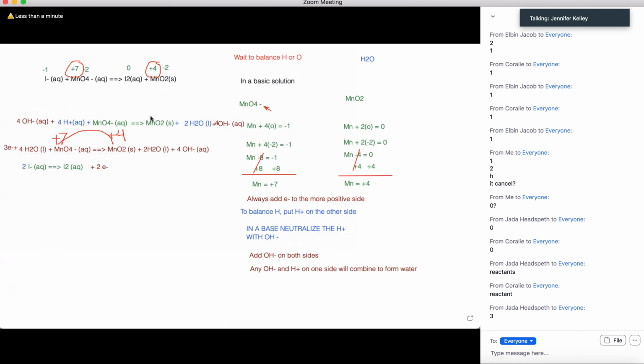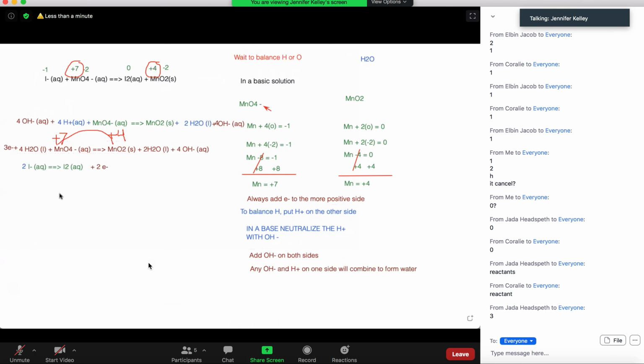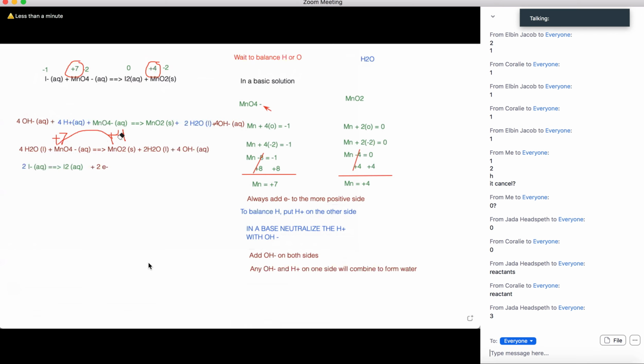Okay. So now, looking at these two, let me get rid of this. There we go. Come on, go away. There we go. All right. Looking at these two, we're going to add them together.